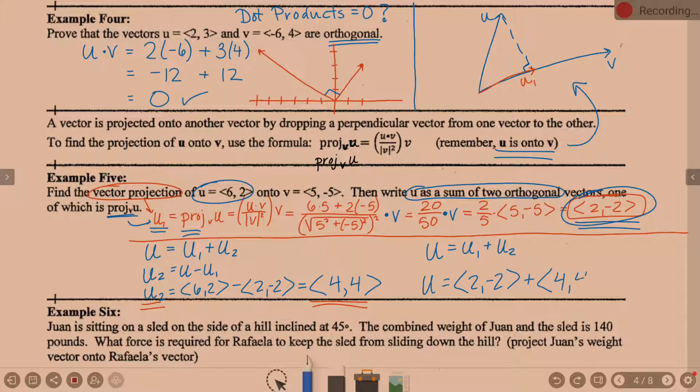So 4, comma 4. And that is the final statement you're writing for that piece, because that's expressing u as a sum of two orthogonal vectors. Okay, because we had the projection as one of them, and we just subtracted to get the other, we know that they will meet at a right angle.